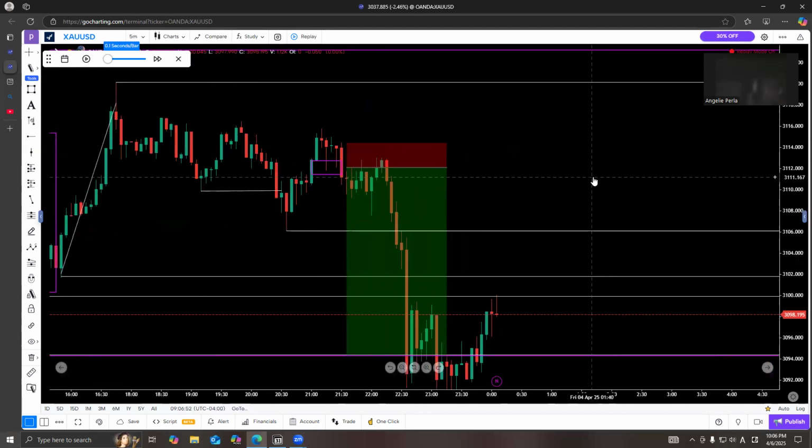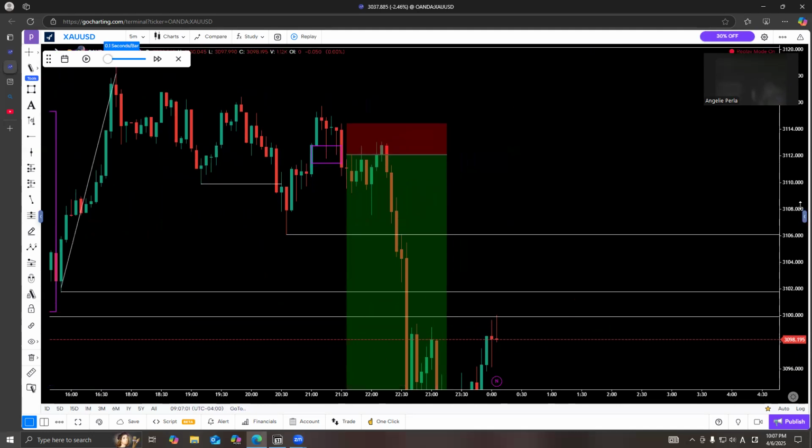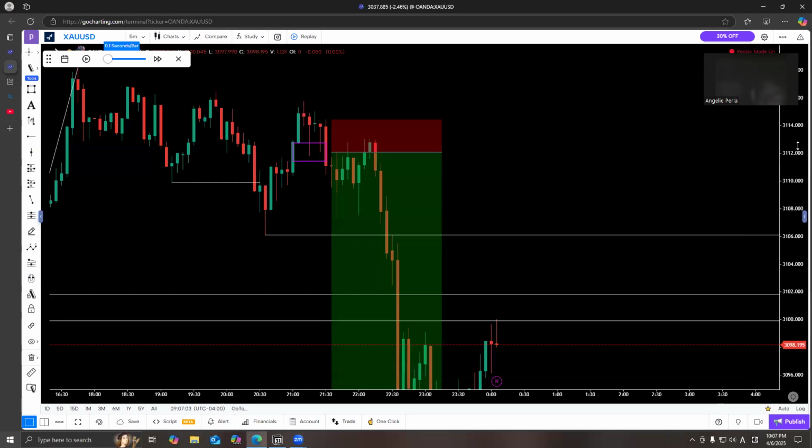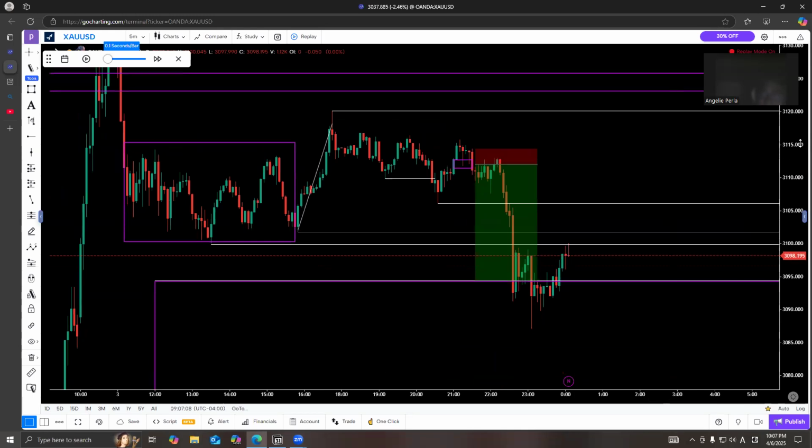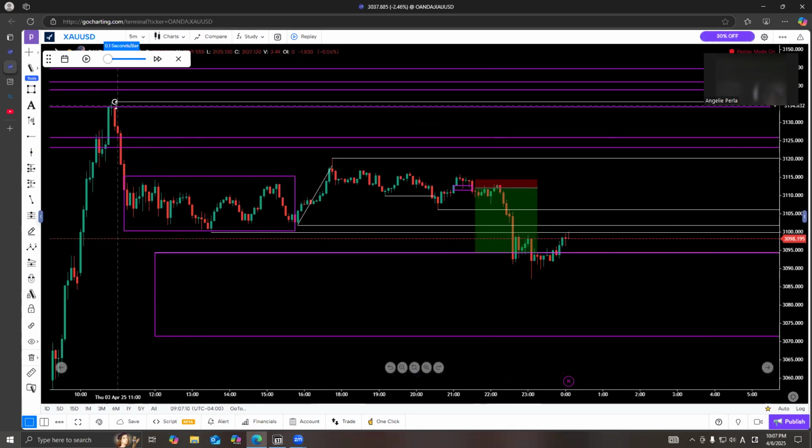If you want to study the ICT or the SMC concept, this is a very high probability strategy, because we are trading the context of the market structures.